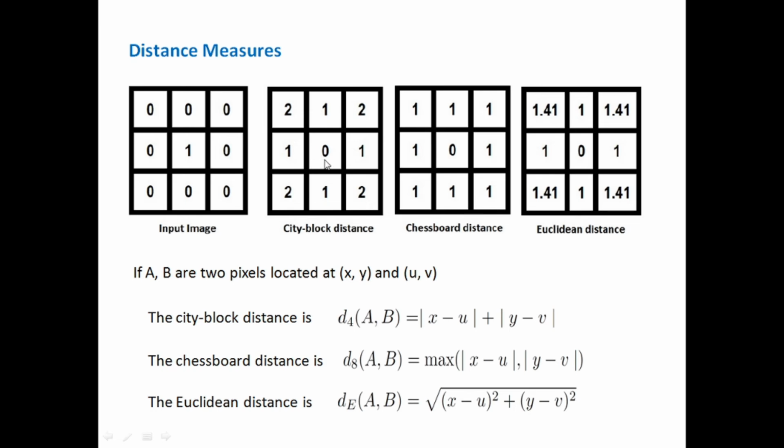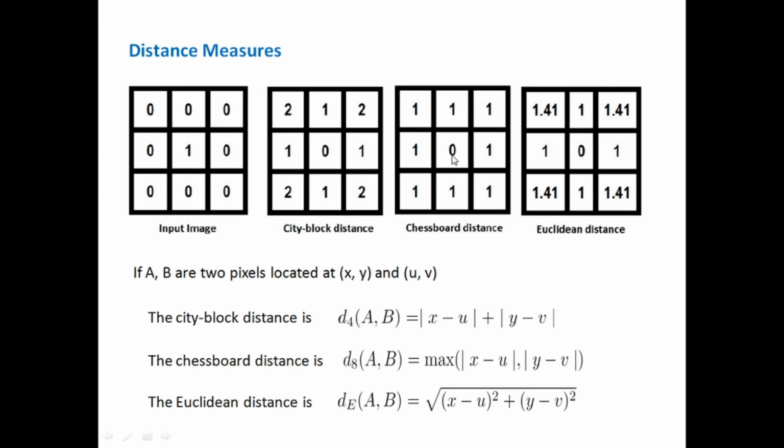This is the figure. And coming to here, I have assumed that the distance from one pixel to another pixel location is 1 unit. Now coming to the chessboard distance, because it is an 8 neighborhood, wherever the location you go in your 8 neighborhood, it takes only 1 unit.